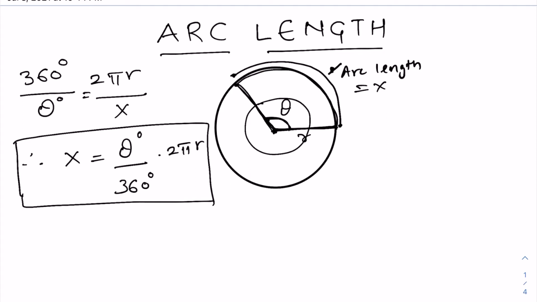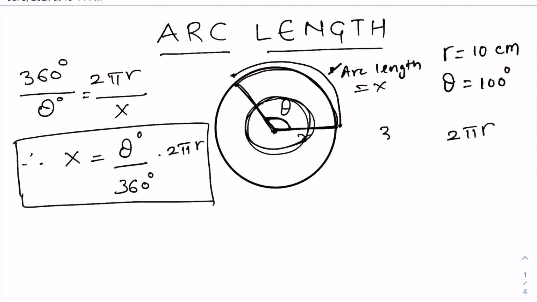So let's take a specific case wherein we have a radius equal to, let's say, 10 centimeters, and the central angle is, say, 100 degrees. In this case, we can use the same principle that we learned: I will have 2 pi r as the circumference when the central angle is 360 degrees.